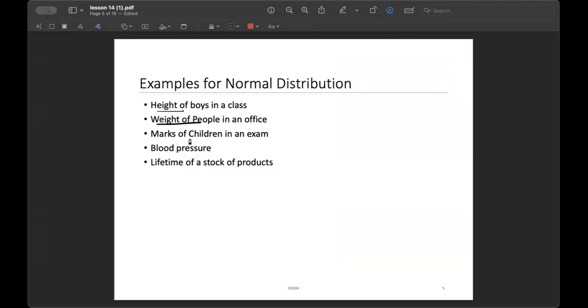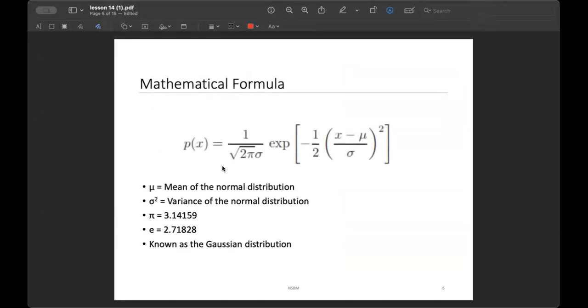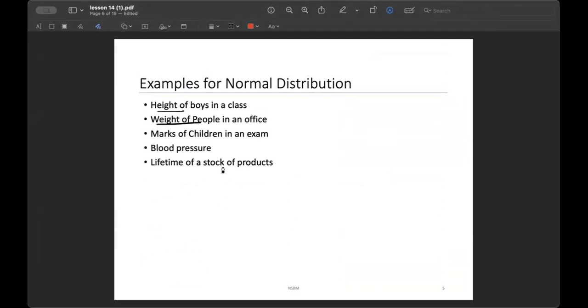Likewise, they can vary within a range. So marks of children in an exam, blood pressure, which also has decimals and can be floating numbers, and the lifetime of a stock of products are all examples of normal distributions.